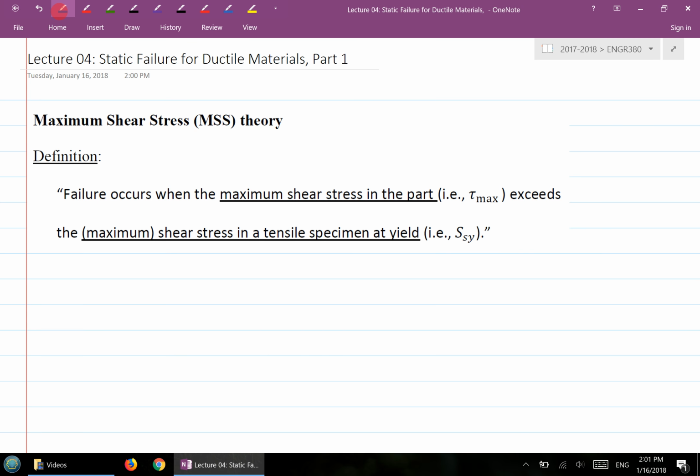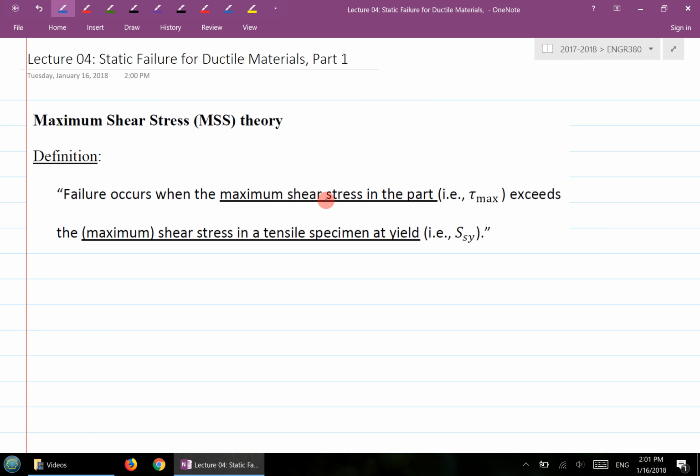Essentially, this is a definition for MSS theory. Failure occurs when the maximum shear stress in the part exceeds the maximum shear stress in a tensile specimen at yield. So in the previous lecture, we looked at this definition.